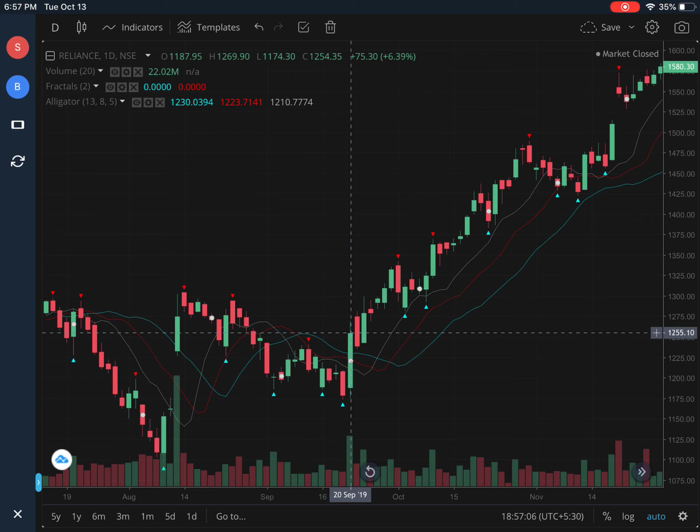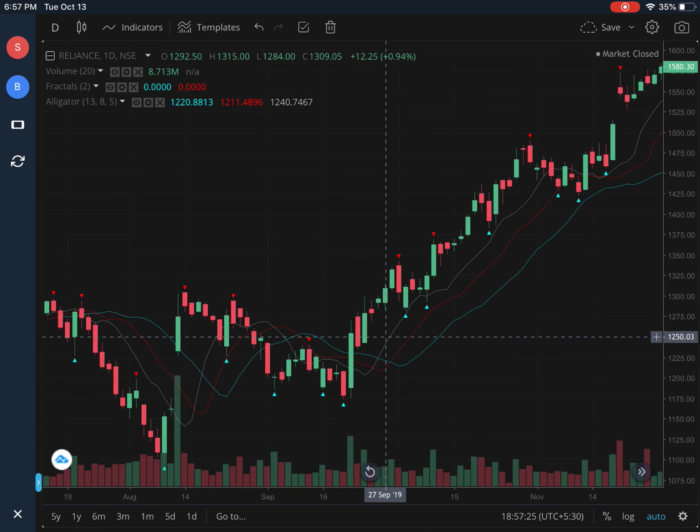Okay, so after that you could have made an entry because the price was above the three lines. When you observe that situation, you could have seen these three lines on that particular day.